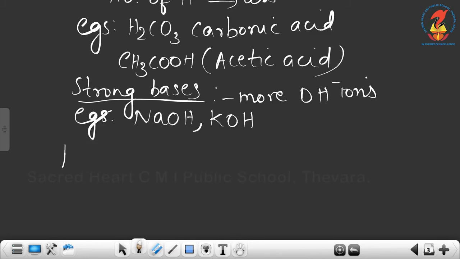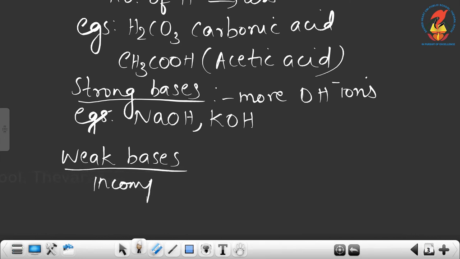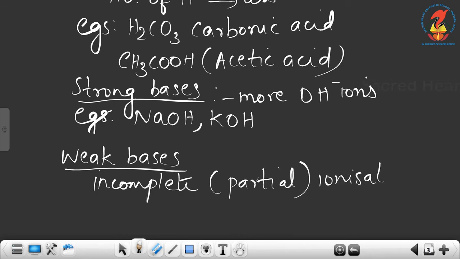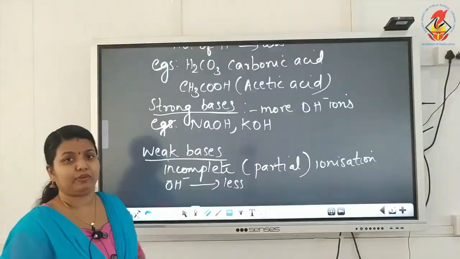Now the last one, weak bases. Here also ionization is incomplete. Just like weak acids, here the ionization is incomplete or partial in presence of water. So the number of OH minus ions produced will be less.